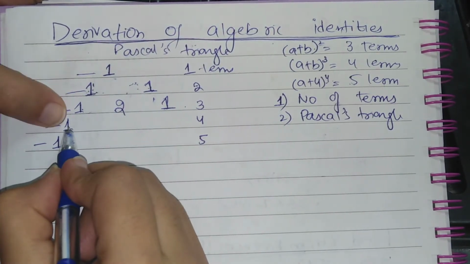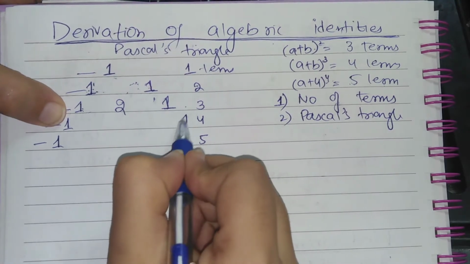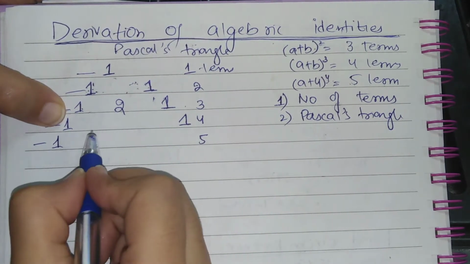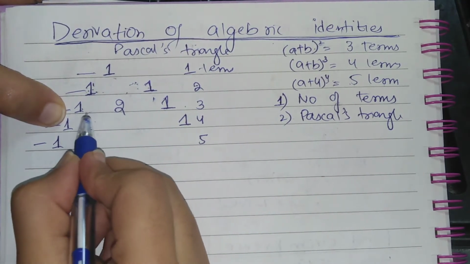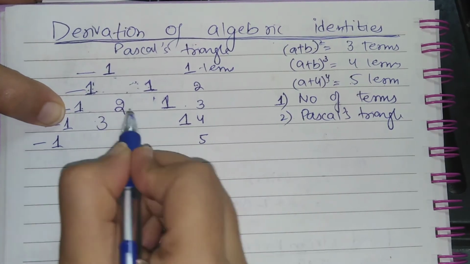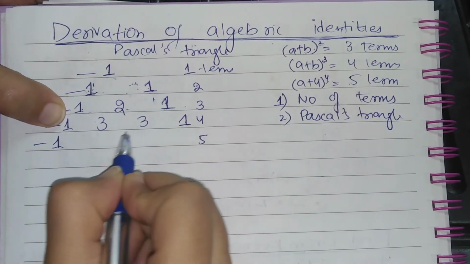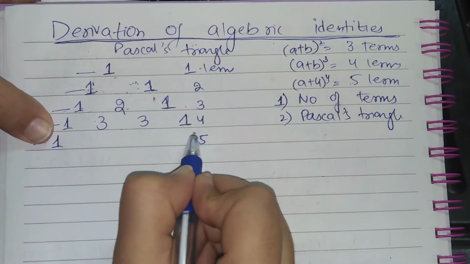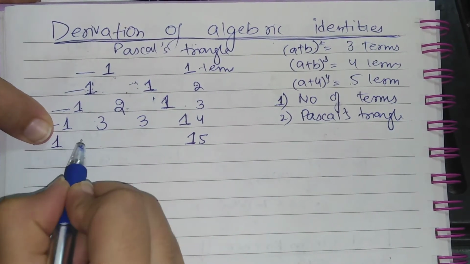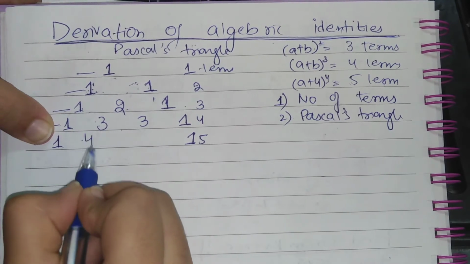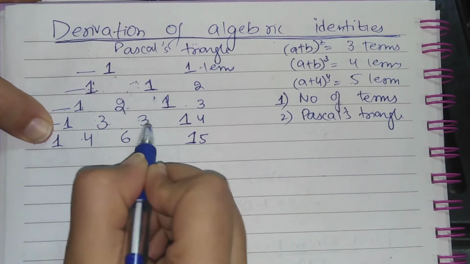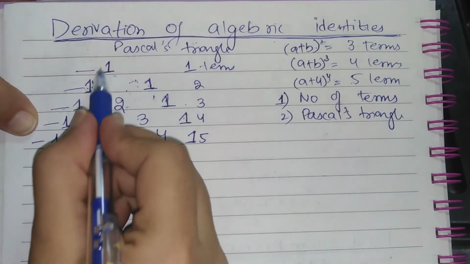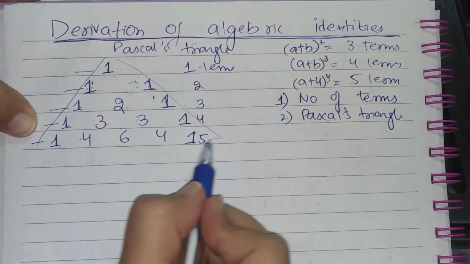So in the fourth row, starting and ending with 1, here comes 1 plus 2 is 3 and 2 plus 1 is 3. We have 4 terms. In the fifth row there will be 5 terms starting and ending with 1. Here we will write 3 plus 1 is 4, 3 plus 3 is 6, 3 plus 1 is 4. So this is Pascal's triangle.